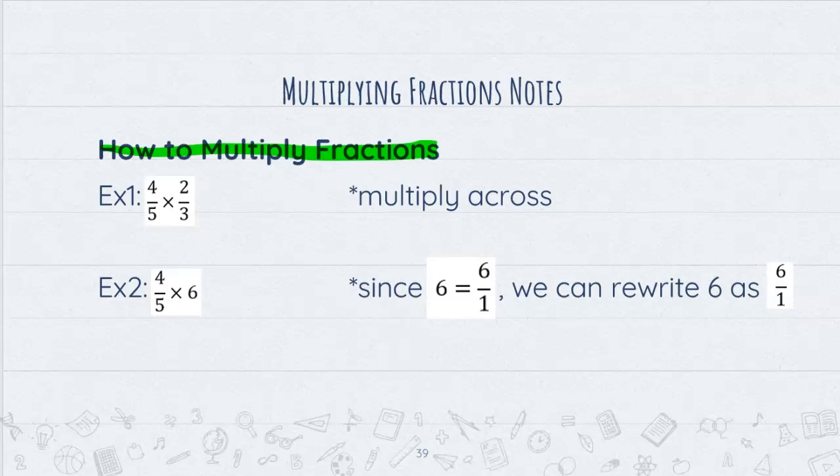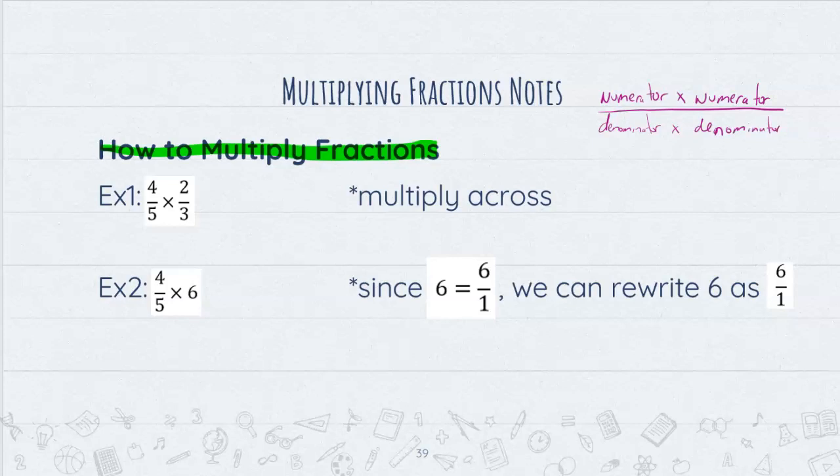It means that you are going to multiply your numerator by your numerator, so that top part of your fraction, and then you'll multiply the denominator by your denominator. So that's exactly kind of what this means.